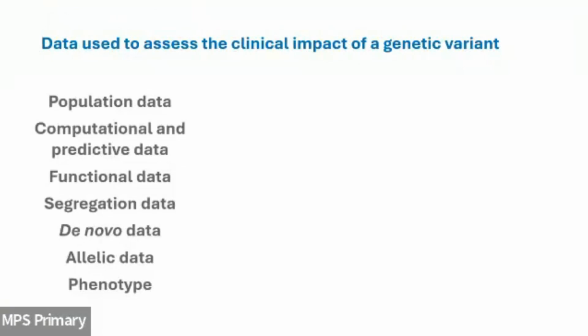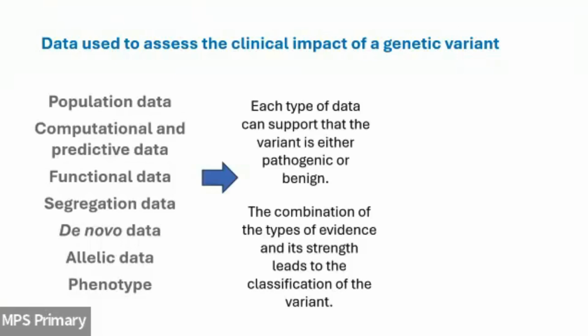So Caitlin also mentioned the different types of data that we use when we are classifying a variant as either disease-causing or pathogenic or benign, not disease-causing. So I'm listing these types of data on the left. And so what our expert panel has done is to look at these different types of data and to see how we can best use that data to make a variant classification for MPS type 1.